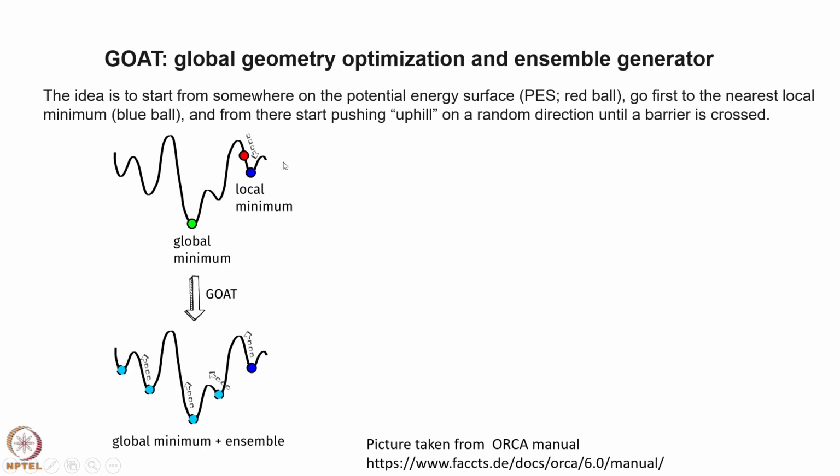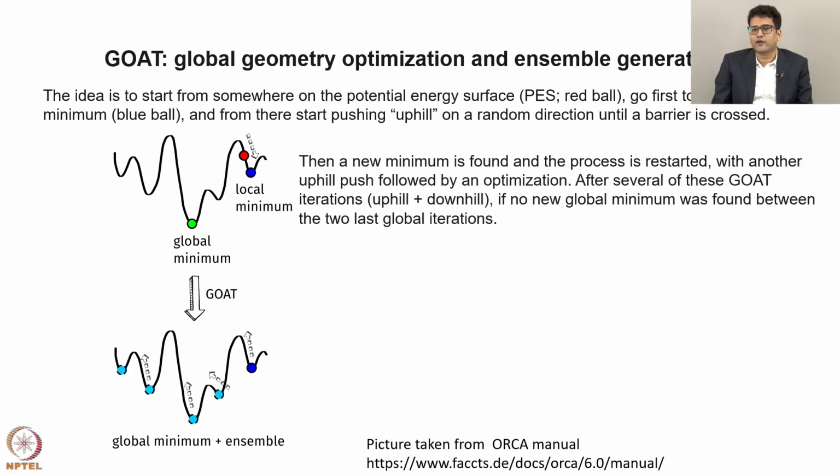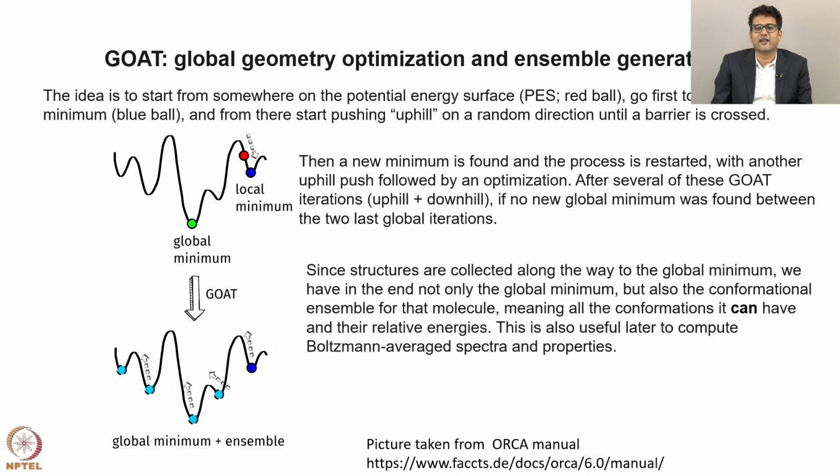Once this barrier is crossed in any direction, a new minima is found and the process is restarted with another uphill push followed by an optimization. After several of these GOAT iterations, uphill and downhill, if no new global minima has been found between the last two global iterations, then we consider that it has reached the global minima.